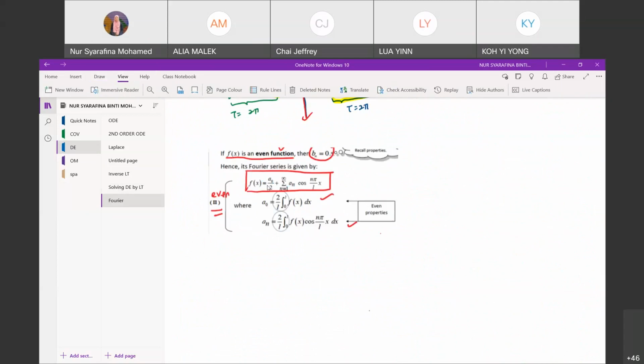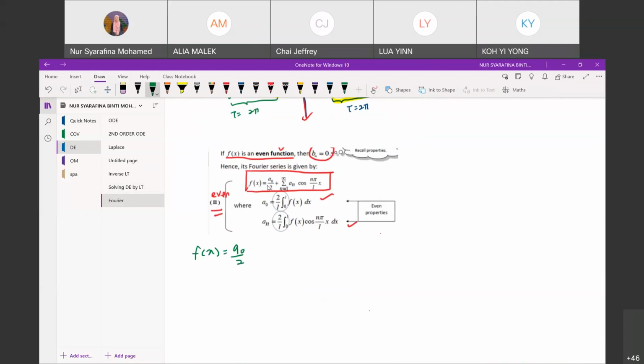Okay, so you have to know that the Fourier series that you need to obtain is in terms of fx equals a naught over 2 plus summation An cos n pi x over L. Okay, where a naught is given by 2 over L. L is what?